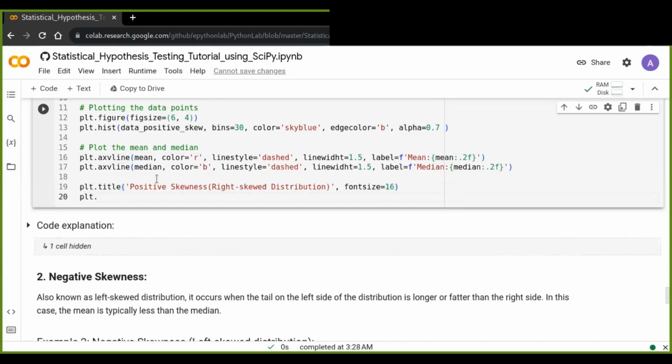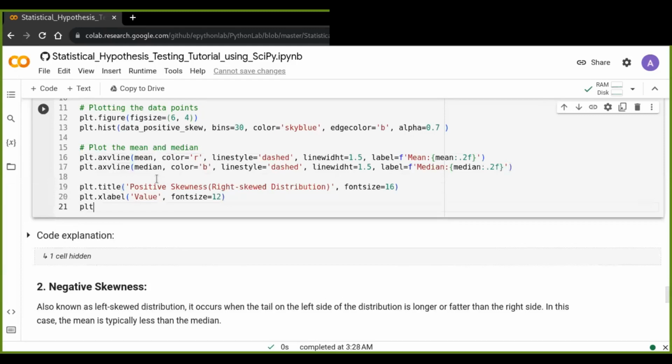And for the X label, you can specify the label of the value, and the font size is also specified. And the Y label, which is the frequency.